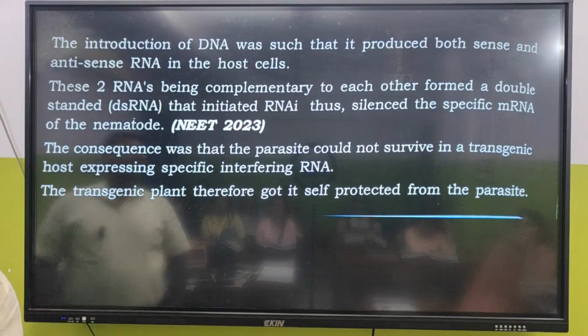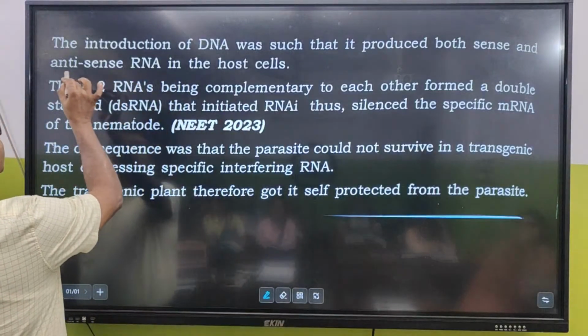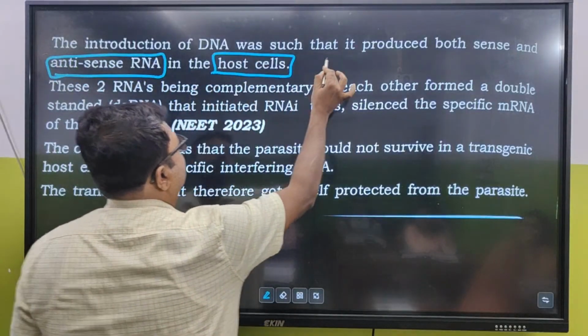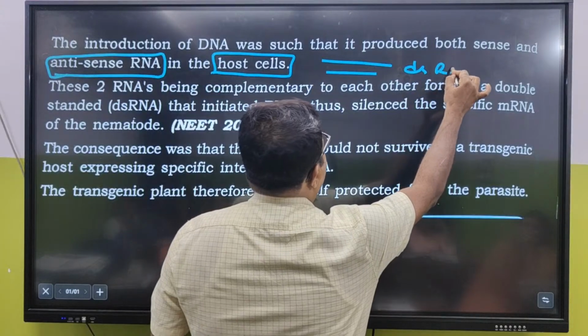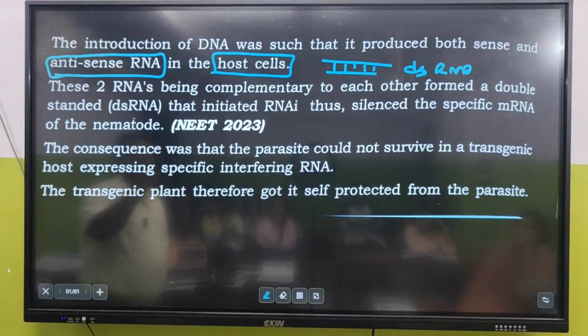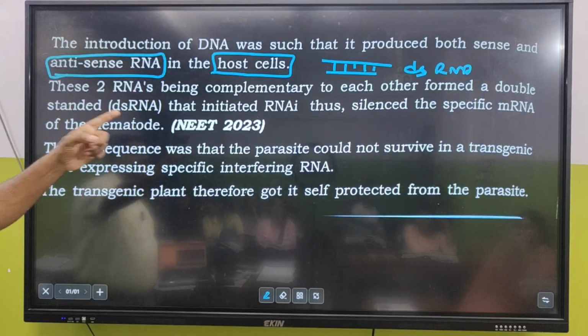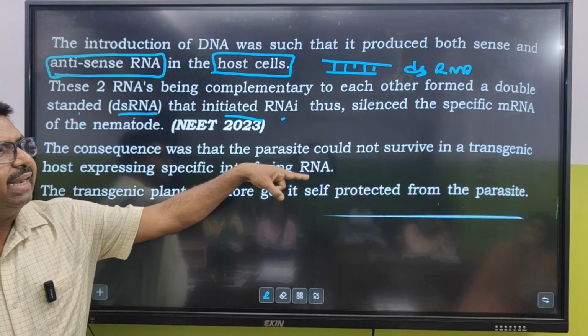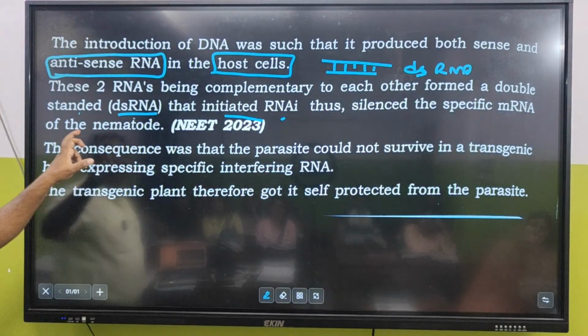Both sense and antisense RNA inside the host cell. These two RNAs, being complementary to each other, formed a double-stranded dsRNA that initiated RNAi, thus silencing the specific mRNA of the nematode.